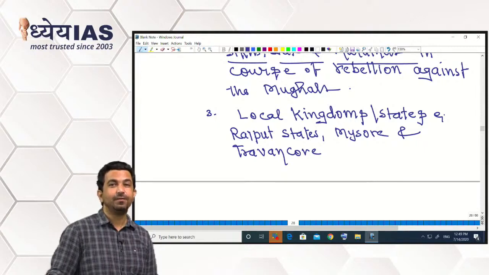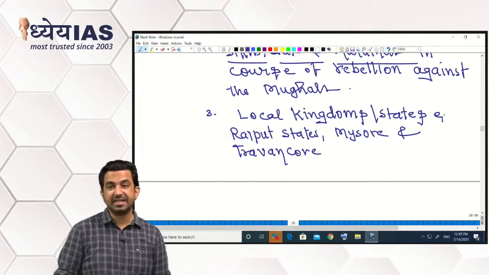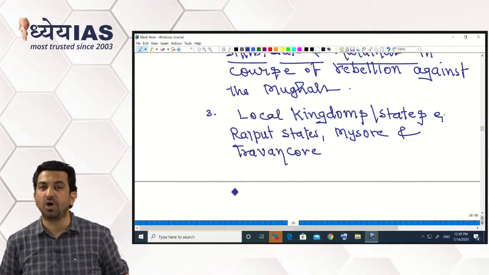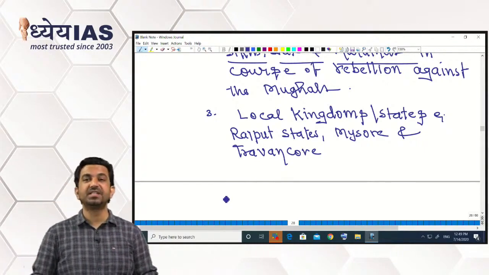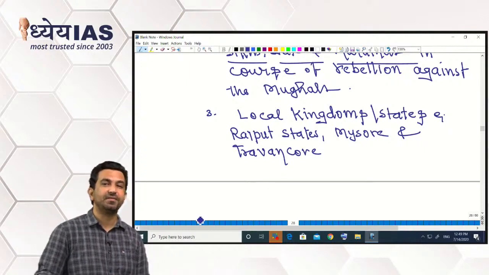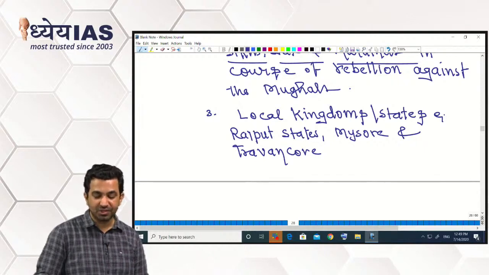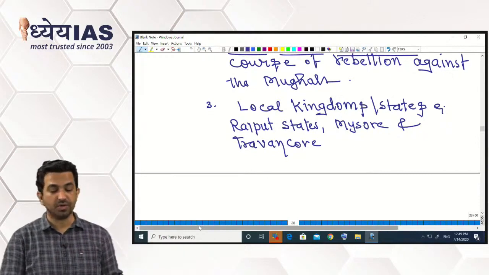And we are further waiting for the decision of Supreme Court of India for that 7th vault or 7th chamber, which is said to be full of diamond, ruby, sapphire jewelry. Okay, so local kingdoms or states like Rajput states, Mysore states and Travancore state.